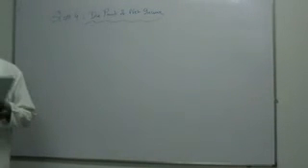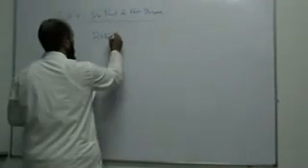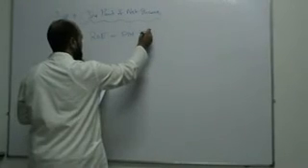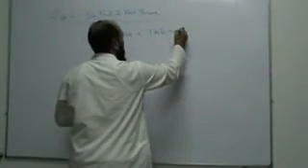So the useful thing that is given here is the ROE. So basically we need to use the formula for return on equity. ROE is equal to profit margin multiplied by total asset turnover multiplied by equity multiplier.